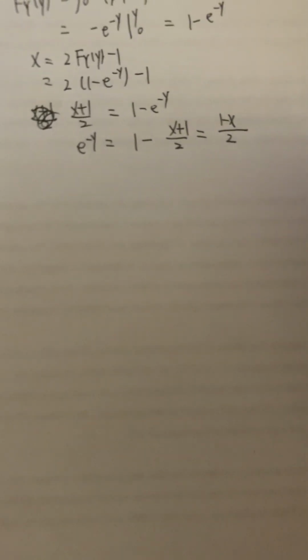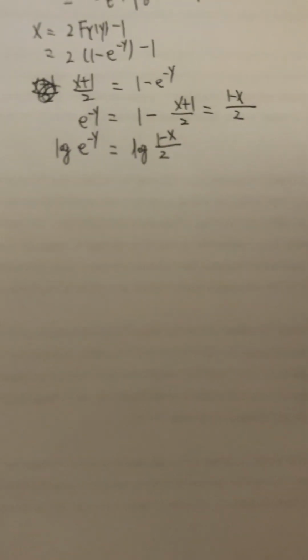So now we just take the log on both sides. Log of e to the power -y is equal to log of (1 minus x) over 2, and this is equal to -y.